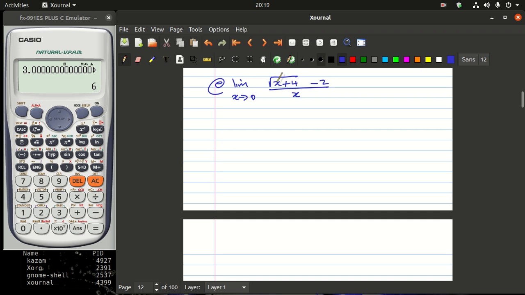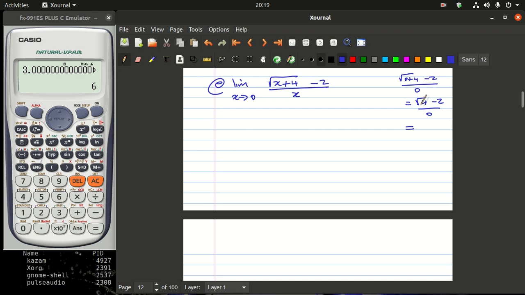Now, if I'm plugging in a 0 here, I will get the square root of 0 plus 4, minus 2, all over 0. And if you look at this, it's going to be the square root of 4 minus 2 all over 0. The square root, as long as it is defined, of a positive number is always going to give you a positive number.